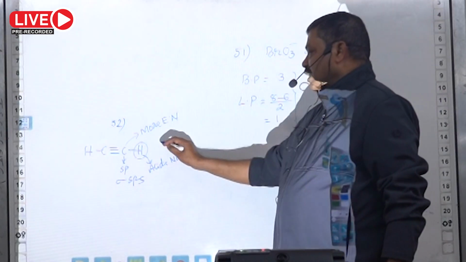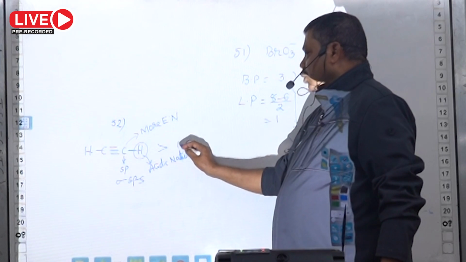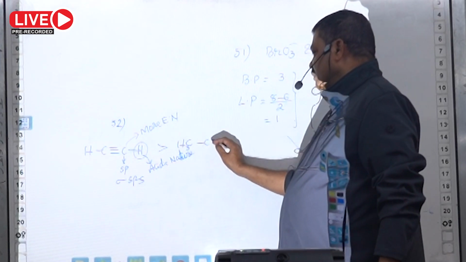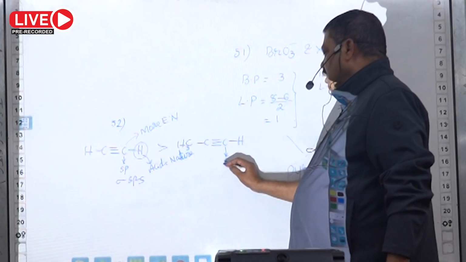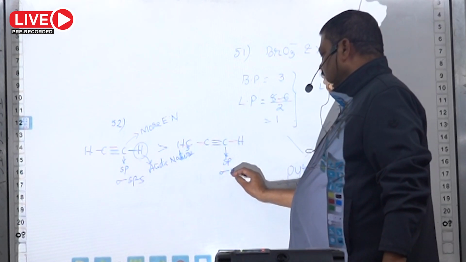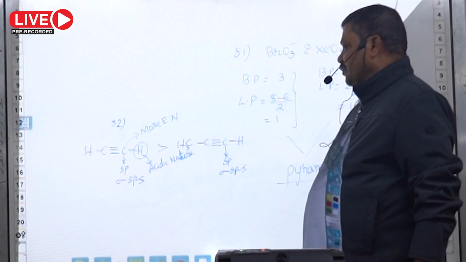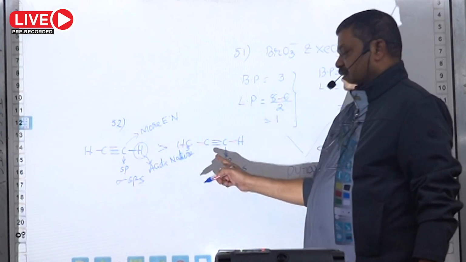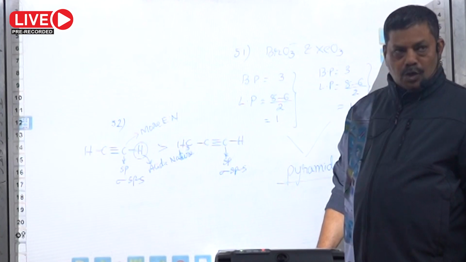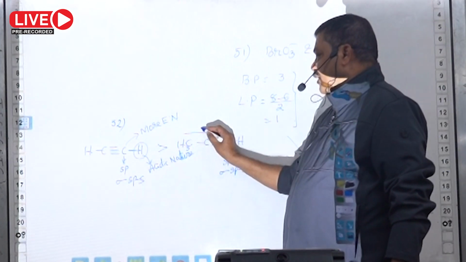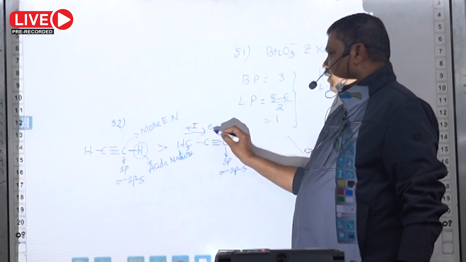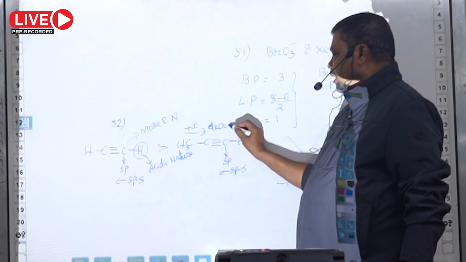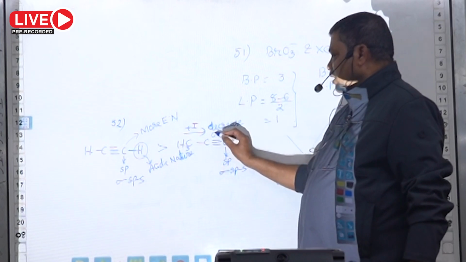Now this is greater than propyne. Here also sp carbon, sigma sp-s bond. Then why is it less? Why is the first one more? Because of the plus I effect of the methyl group. Plus I effect always decreases acidic strength.